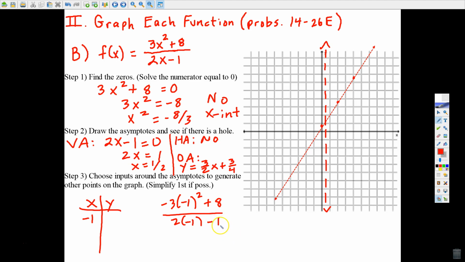Isn't it positive 3? Not negative 3. Oh yeah, I'm going to put -3. Thank you. Looks like 11/3, right? That's fine. -11/3. And as a mixed number, that would be -3 and 2/3.